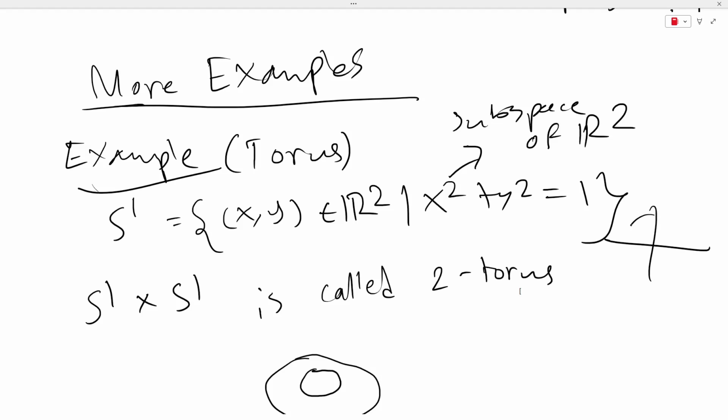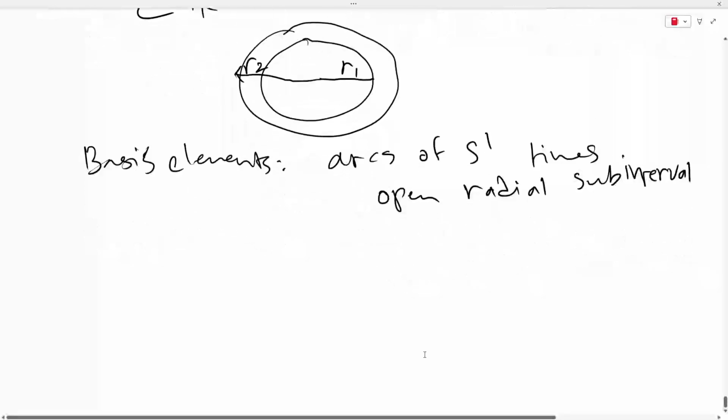It's like this in the plane. Then we also have S2, which is called the two-sphere. Then there's S3, the three-sphere, and so on. Now these are some cool examples.